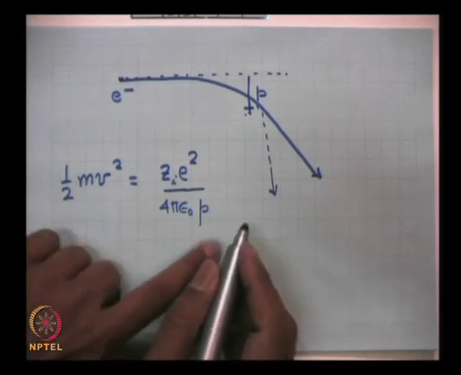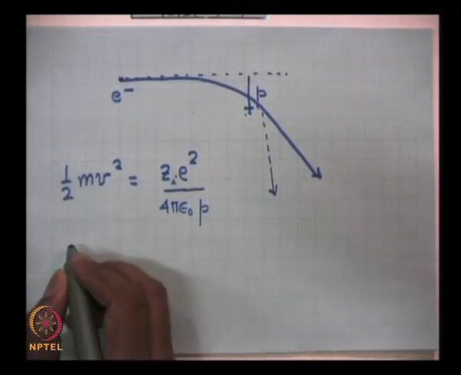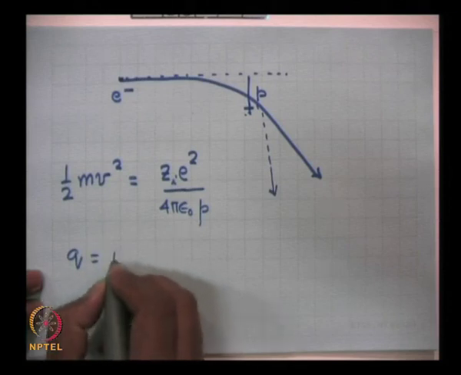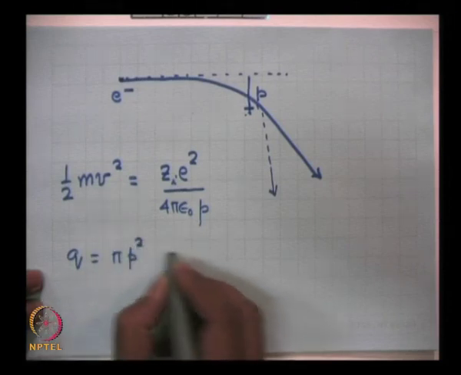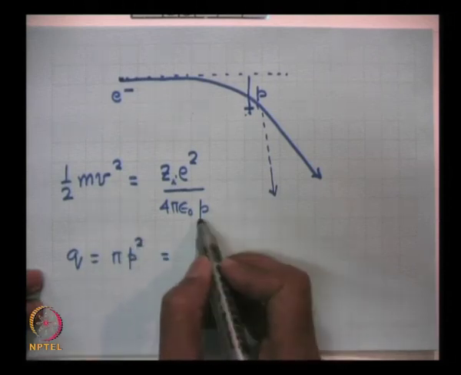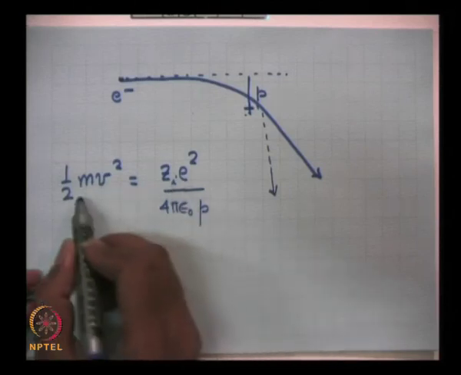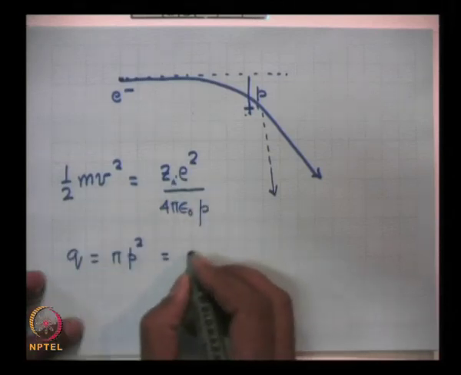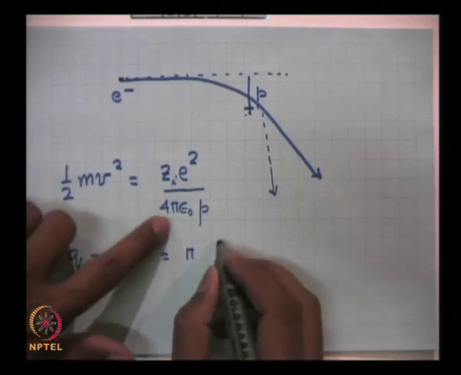So, we define an effective area of cross section q equal to pi p square, and if you put the value of p from this equation, pi is there and 2 will cancel out.